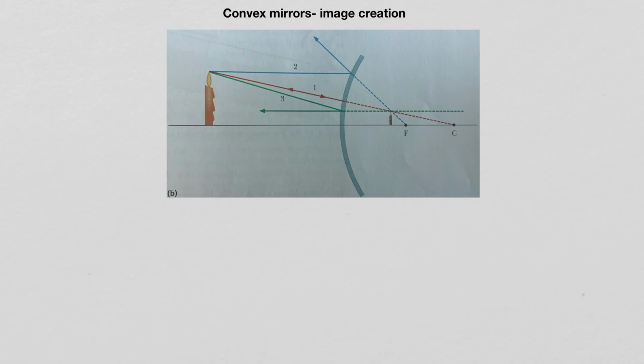However, if I continue those rays behind the mirror, they will all converge at one point, and that is the point in this particular case where the tip of the image is formed. So then I can apply the same 3 light rays for every point of the object and form the image this way.